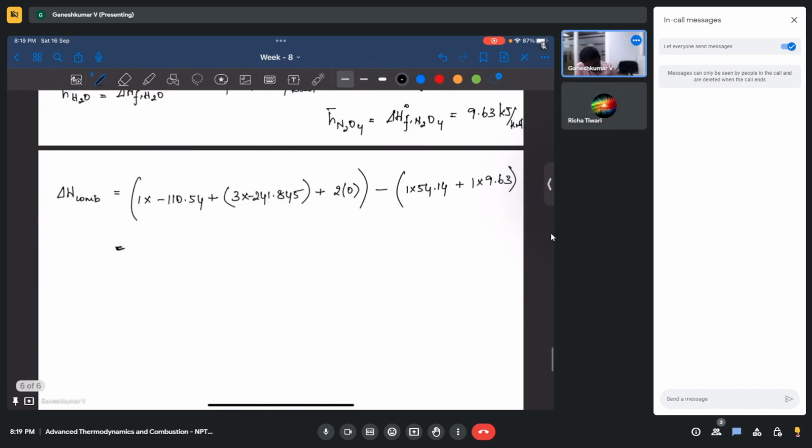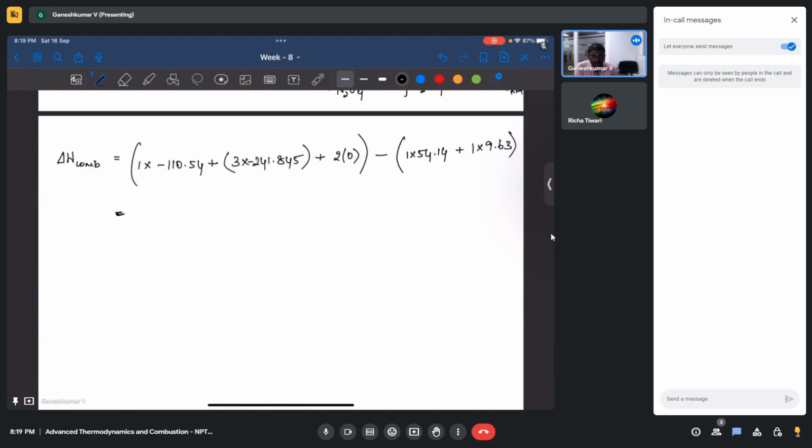Yes, sir. So were you able to calculate the enthalpy of combustion? So minus 899.845. This should be in kilojoules because we already multiplied by the number of moles. Now this is the enthalpy of combustion. So this is how we find enthalpy of combustion: it is just the difference in formation enthalpies of products and reactants. That's how you will find it.